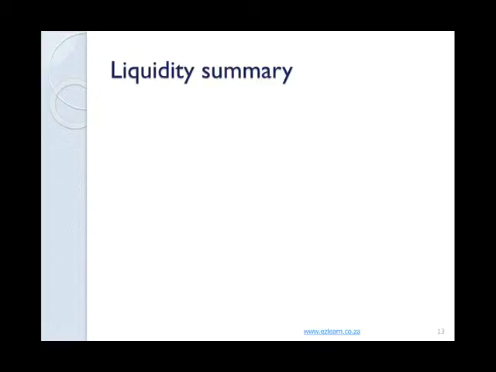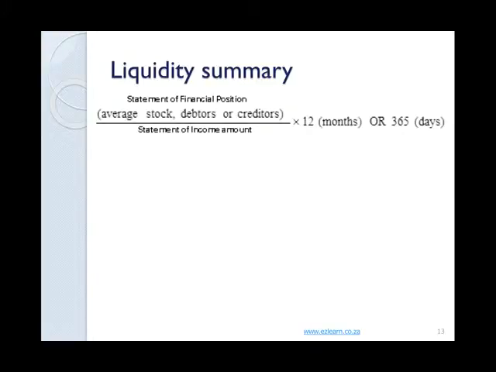In summary, when we are looking at our liquidity for these periods for stock, debtors, and creditors, if you take your figure from the statement of financial position, stock, debtors, or creditors, you need to average it. This is because you are comparing a figure at one point in time to a figure from the statement of income, which is for a period of time.